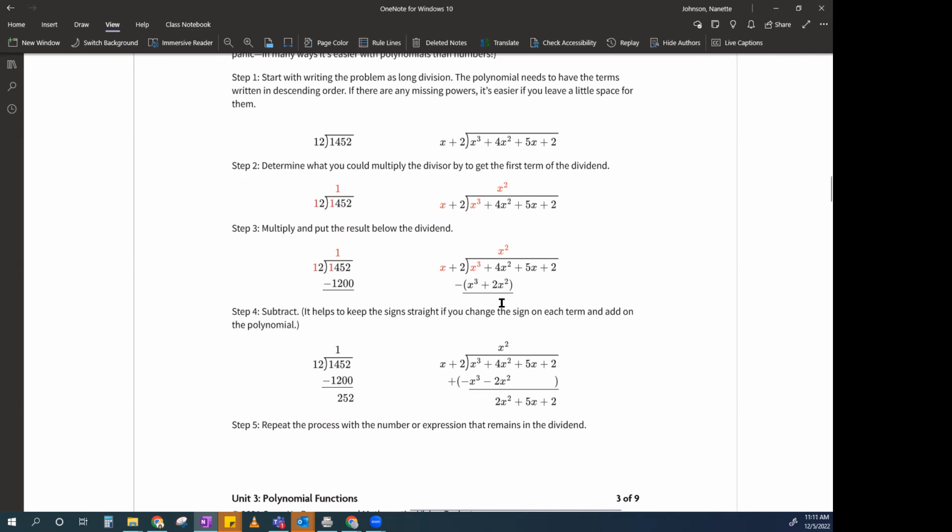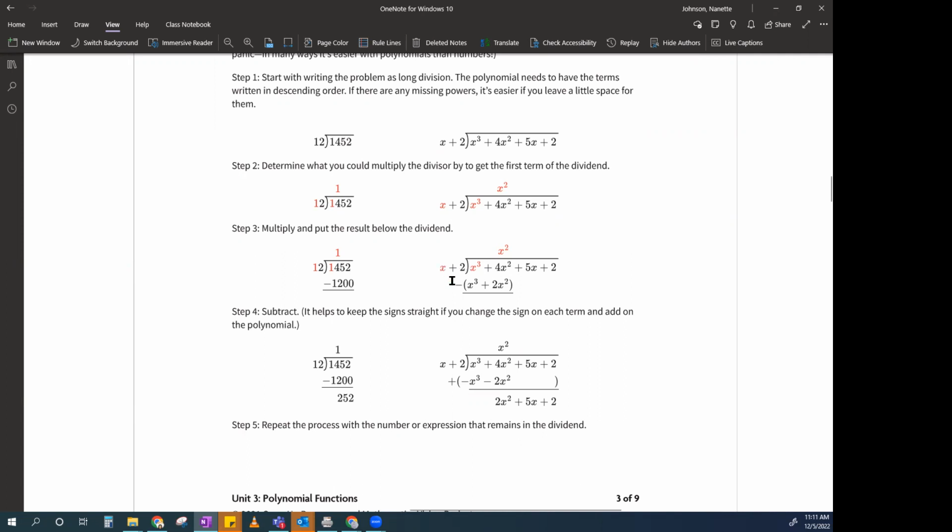This right here. Someone asked, where did we get 2x squared? Someone answer him. Good question. Where did this 2x squared come from? Yeah, you multiplied x squared times this whole thing.